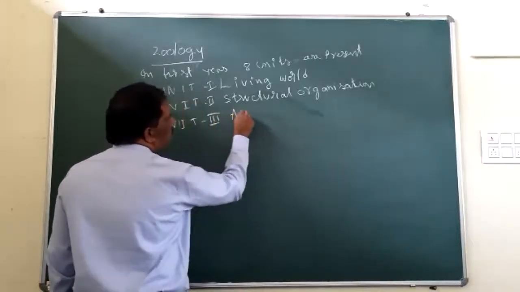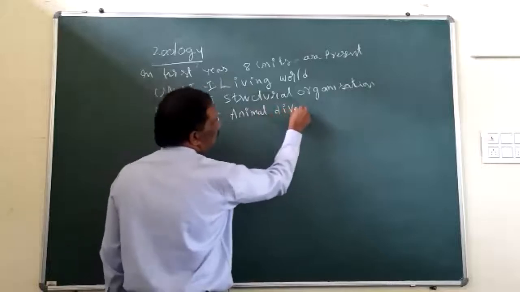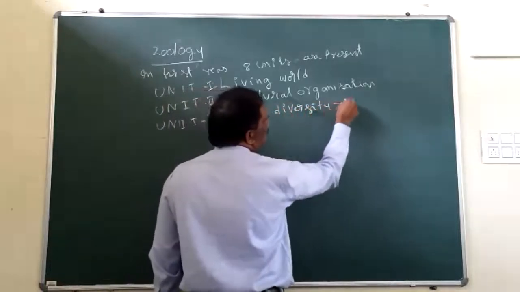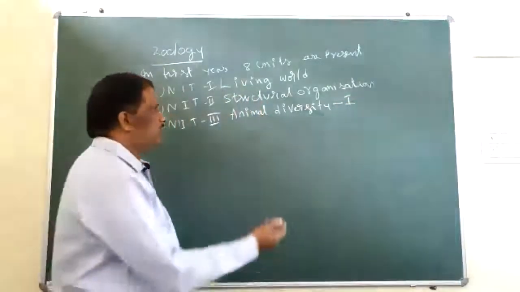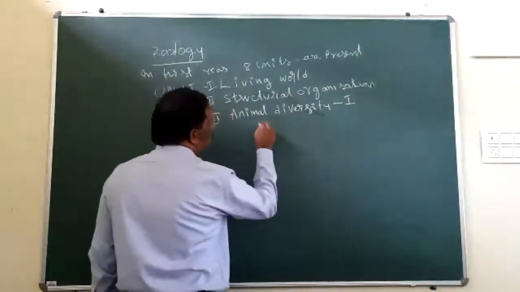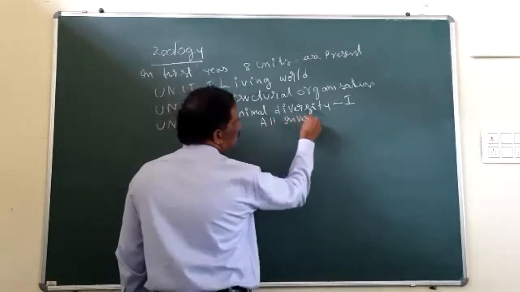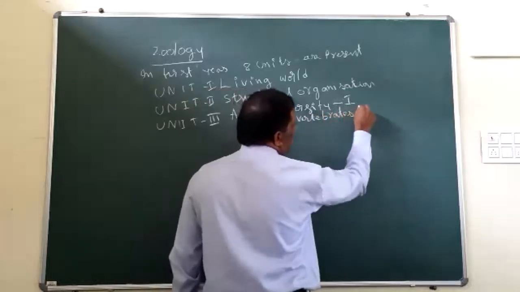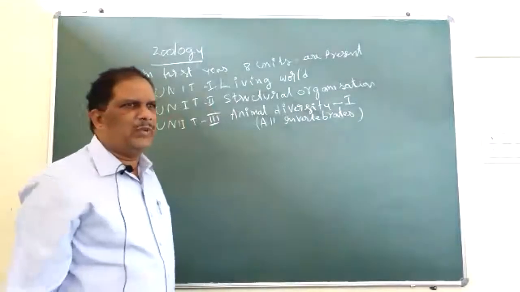Animal diversity 1. In animal diversity 1, all invertebrates are included. What are those invertebrates?